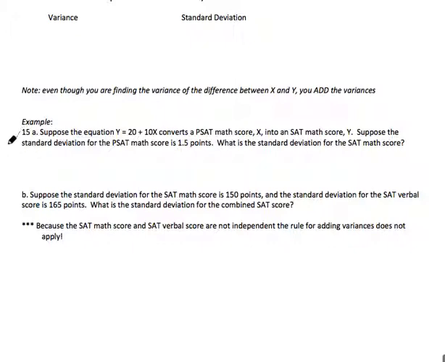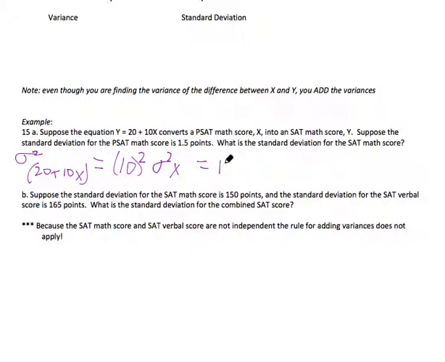Here's how we're going to adjust this. We know that here's my variance of 20 plus 10x, and that's just the formula that's here. That is going to be equal to 10 squared, that's the b value, squared, because it's b squared, times my variance.